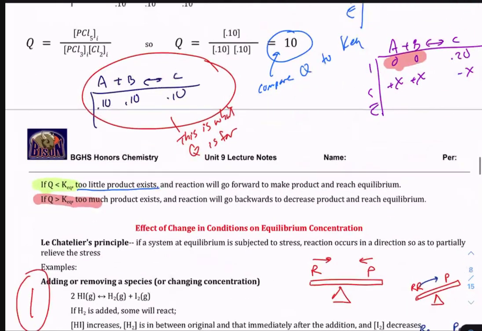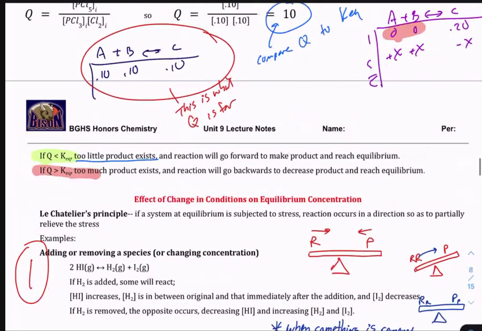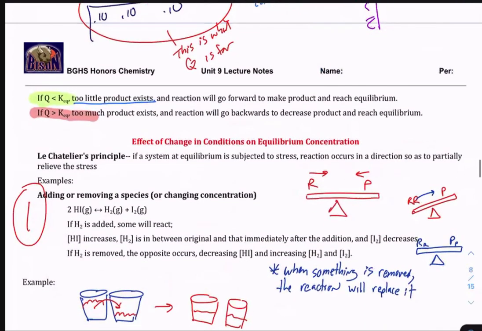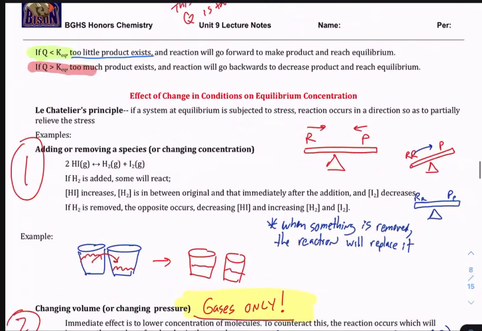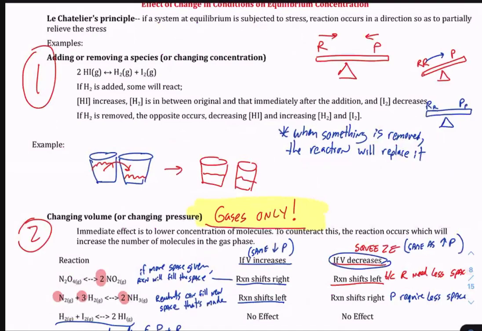Le Chatelier's principle, right? Any system that's at equilibrium will try to get back to equilibrium in spite of whatever stress you cause. So these stresses can be you add something, you remove something, or you change the volume or pressure, but that only affects gases.